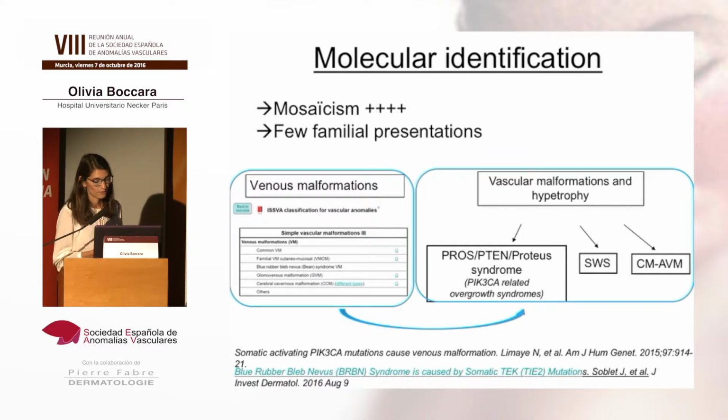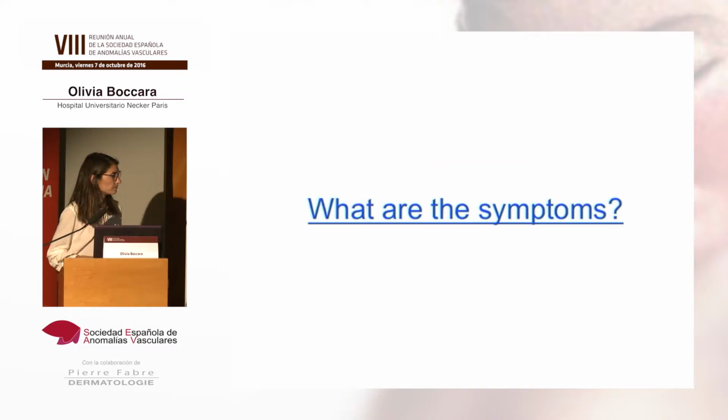And what is very interesting is that very recently, as Juan Carlos already told you, genes that are involved, and mainly PIK3CA, in the overgrowth syndromes can be also responsible for a cluster of venous malformation. And this is important. This actual nowadays genotyping is very important for the treatment.